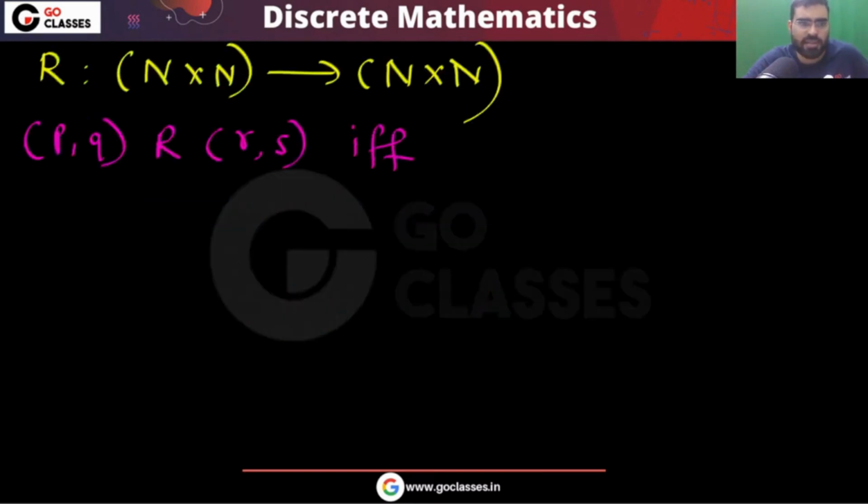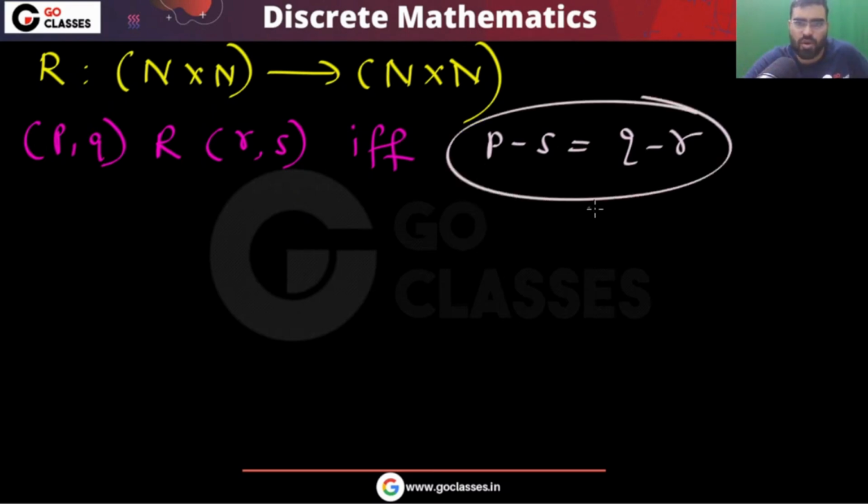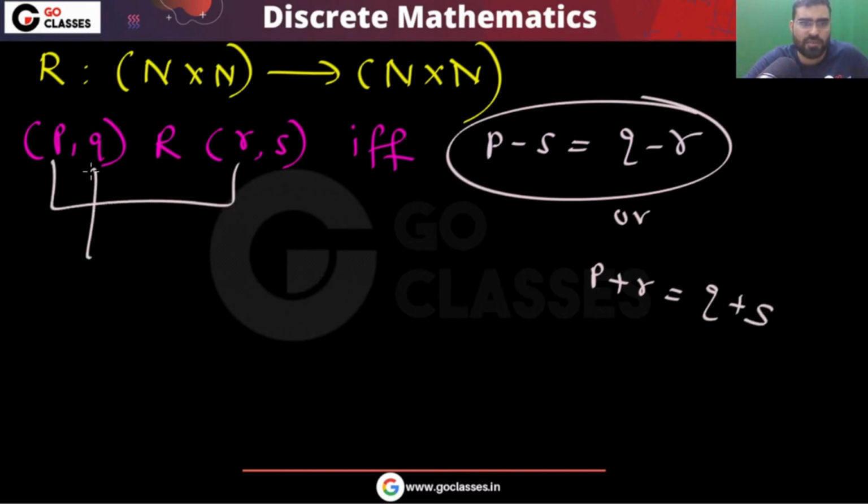This is happening if and only if p minus s is equal to q minus r, or you can say that p plus r is equal to q plus s. This is what the question is saying.